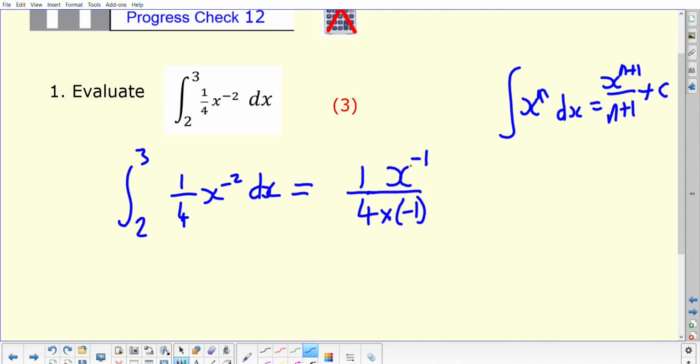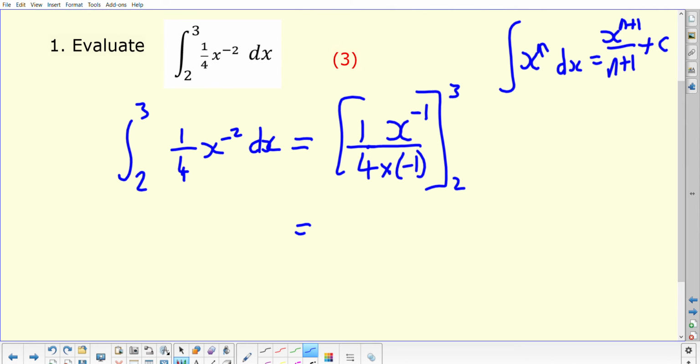So that dividing by minus 1 is going to multiply the 4 that's already there. I'm going to put square brackets around this, and I've got 3 and 2 going on there. Now, obviously this minus 1 here multiplies the 4 and makes that overall minus a quarter x to the minus 1 and your limits of 3 over 2.